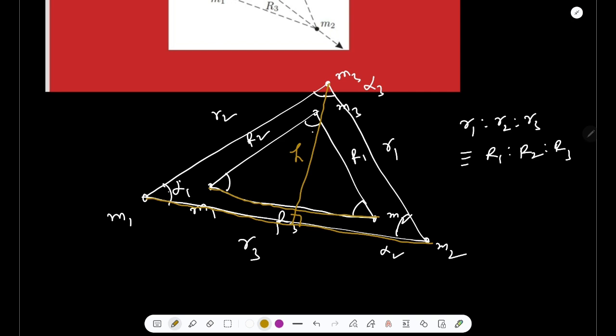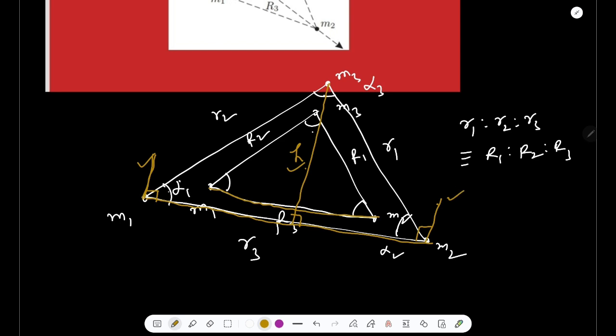That means these two sides are parallel only if the projections of the velocities and acceleration of the particles m1 and m2 parallel to this perpendicular are equal. And these three sides are parallel, this and this side.